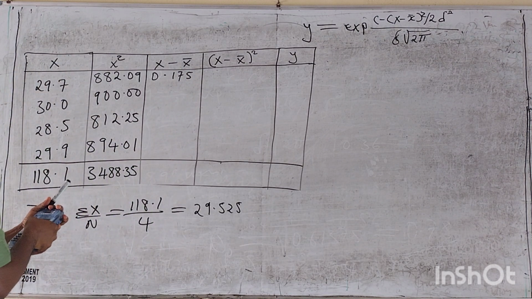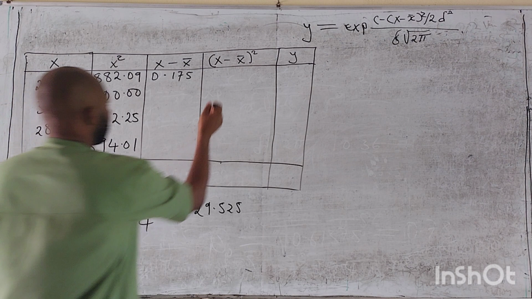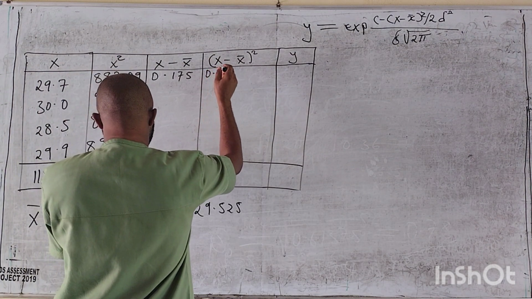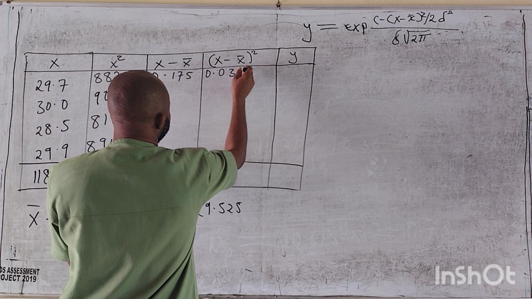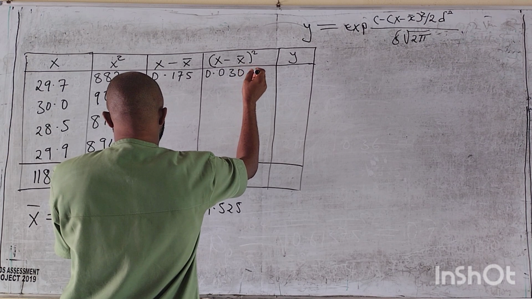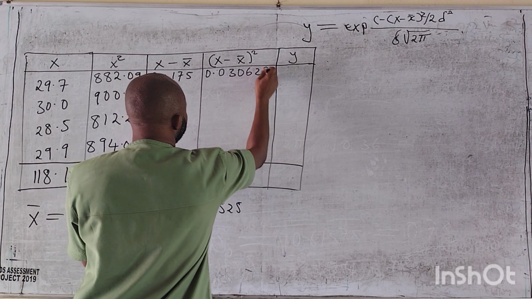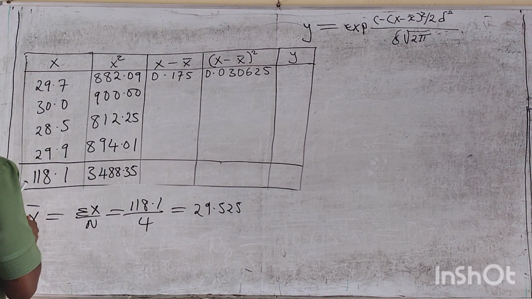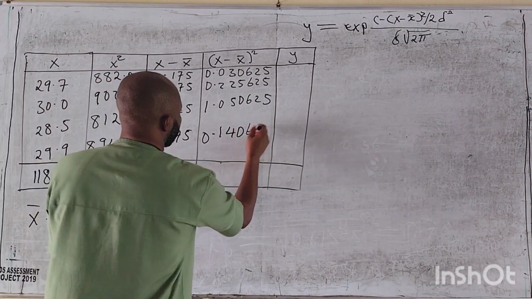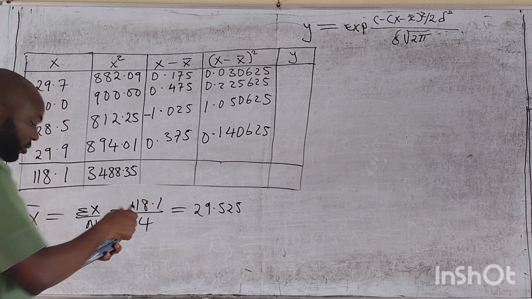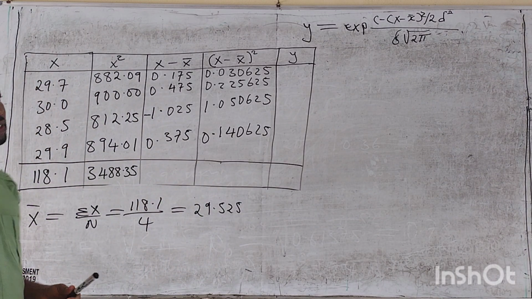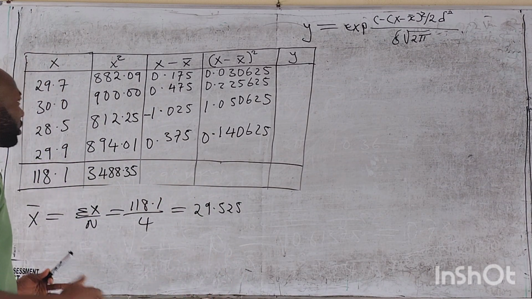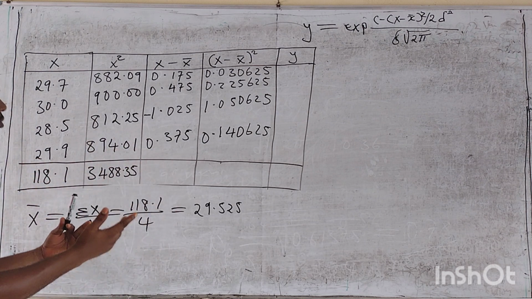Let's square that. 0.030625. Next one. Okay, that is number 1. We're done with our first table.